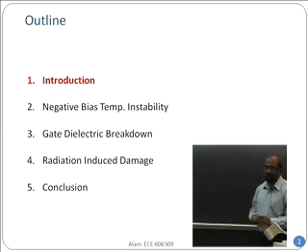So I'll begin by explaining why this is a very important problem. Turns out one of the most important problems in MOS technology these days is the reliability of MOSFET. We'll talk about three types of reliability problems. The most important one is something called negative bias temperature instability.